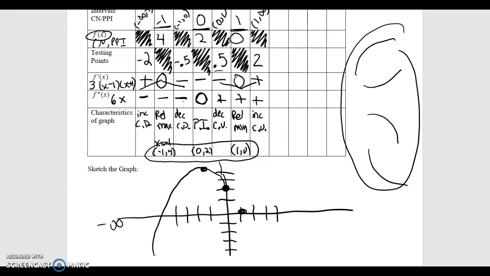Then from 0 to 1, you're decreasing still, but in a concave up face, so a happy face. And then finally, we're increasing in a concave up face. Make it happy face and shoot upward. So I am looking to see that you are in this sad face, and we convert to this happy face here. And these points should be quite visible.